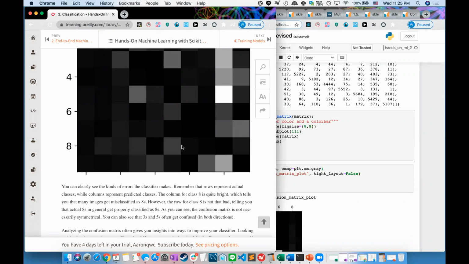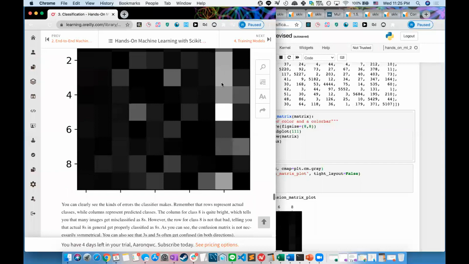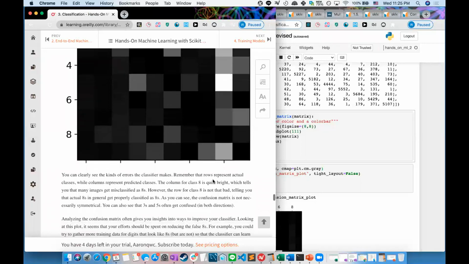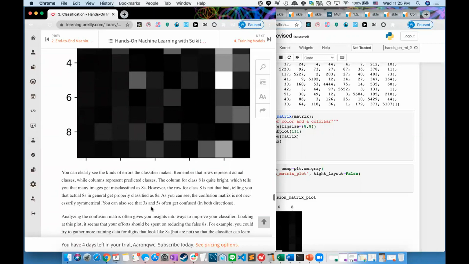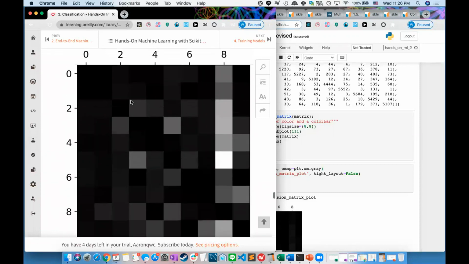So basically, when the model is trying to classify the images that are 8s, it got a pretty good accuracy, but it misclassified many other images to be 8s. So that's not doing well. As you can see, the confusion matrix is not necessarily symmetrical. You can also see that 3s and 5s often get confused in both directions.